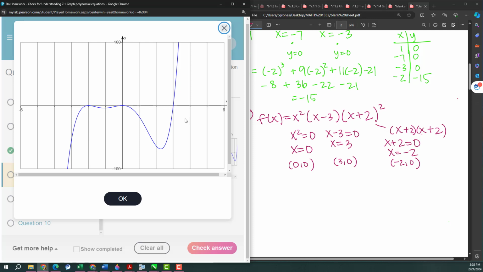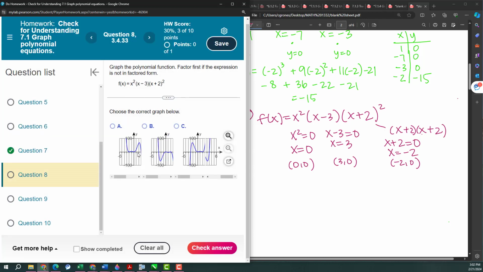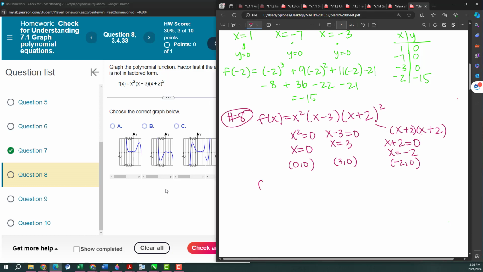So I need to find one more point. Let's look for x equals 1. So f of 1 equals 1 squared, 1 minus 3, and then 1 plus 2 squared.